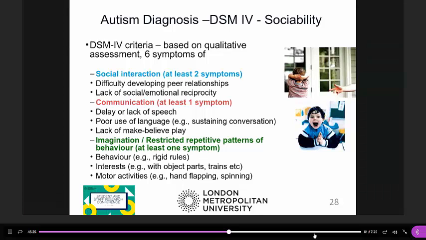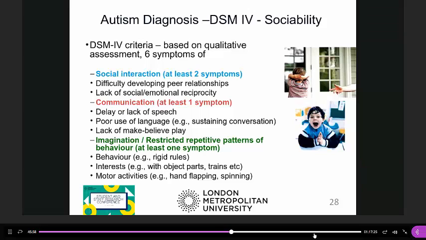Then the imagination, and this is one of the most robust symptoms, that there are restricted repetitive patterns of behavior which sometimes help them to become quite adept in various cognitive domains. There are somehow genius-like people with autism as well, and you'll see an example on the next slides.